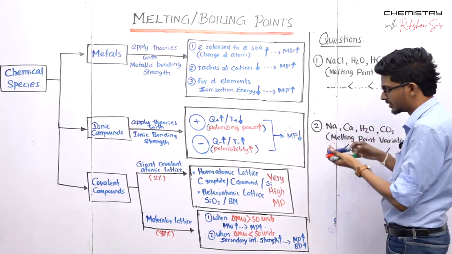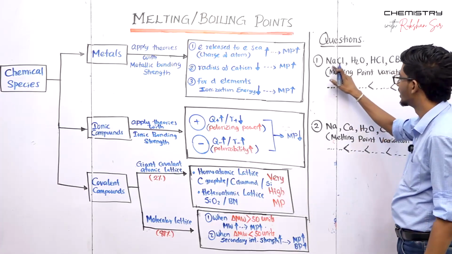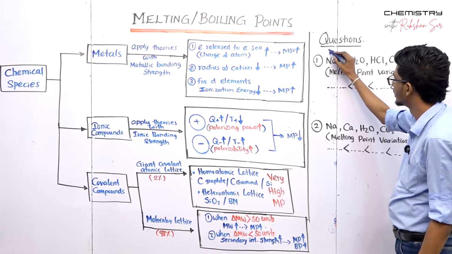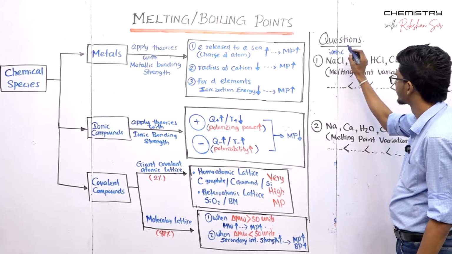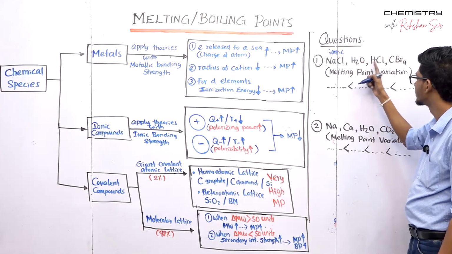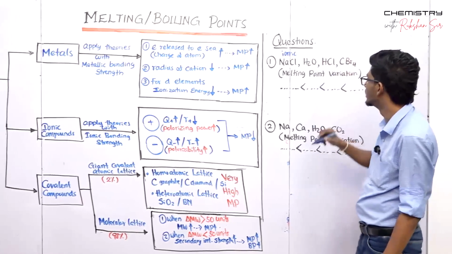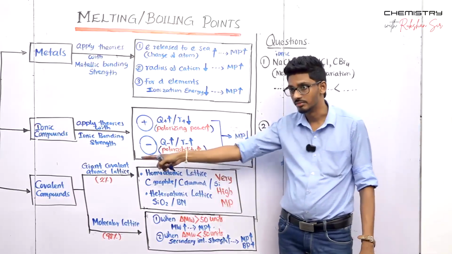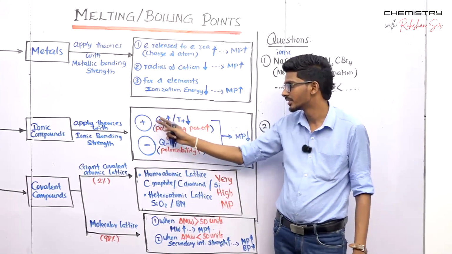NaCl is an ionic compound. An ionic compound is a metal and a non-metal.